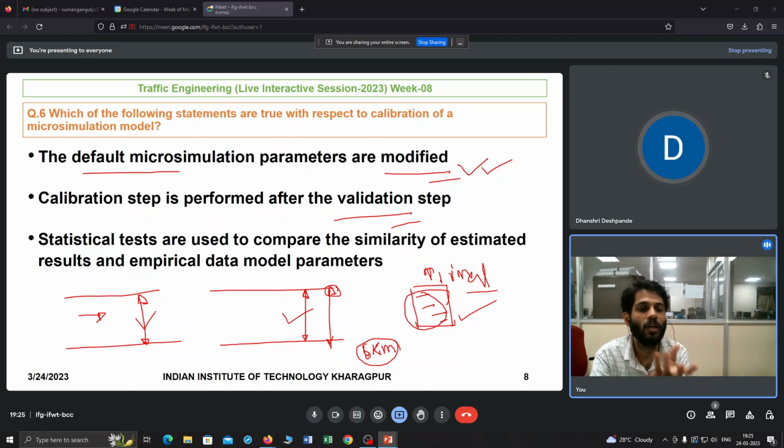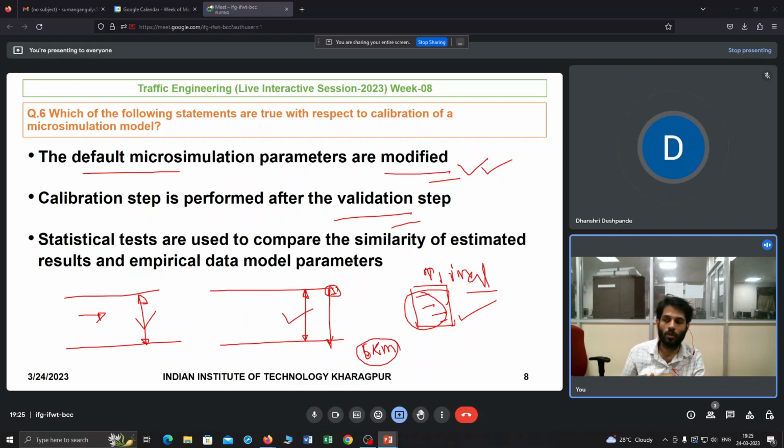Validation means you take new parameters and you perform that calibration once again and see that using that same parameters, is it possible that I am achieving the target traffic flow? So that has to be ensured. So another validation point is, suppose you are calibrating for one particular scenario, suppose traffic flow, so you match the traffic flow.